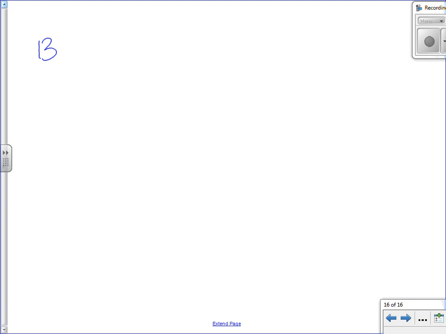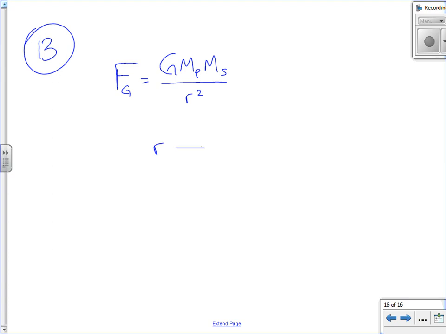13. The distance between the center of gravity and the satellite is halved, and the mass is doubled. Then the force. Okay, so we're looking at F, with the mass of the planet, mass of the satellite, over separation squared. Distance is halved, so changing r gives us F times 4.